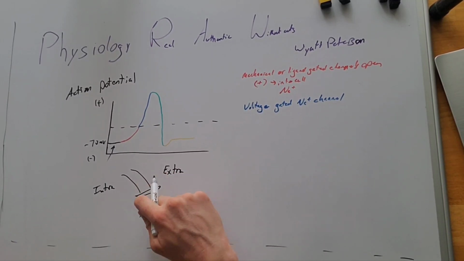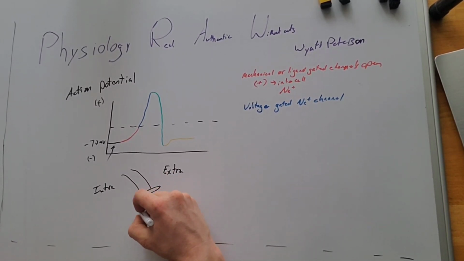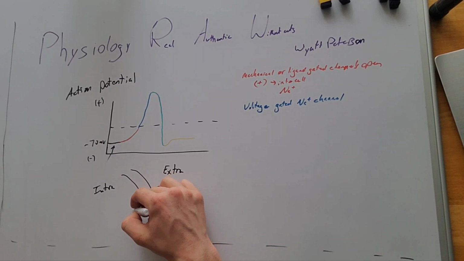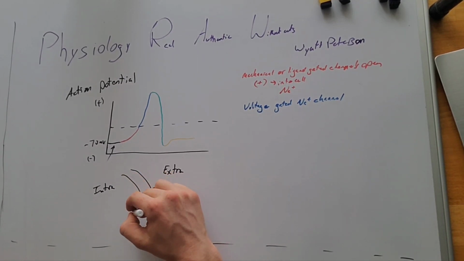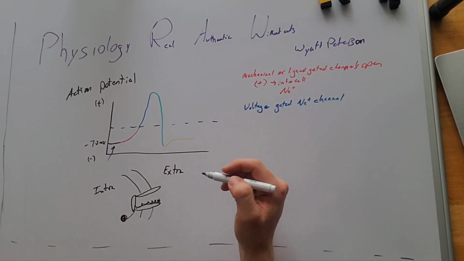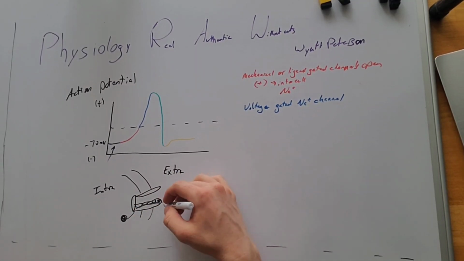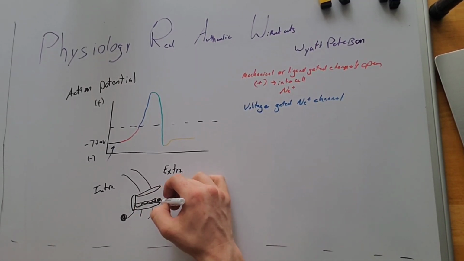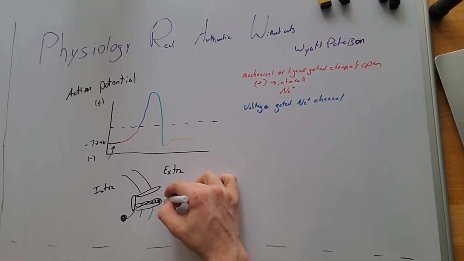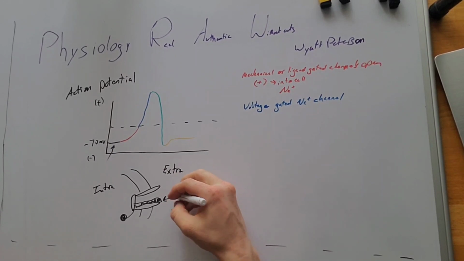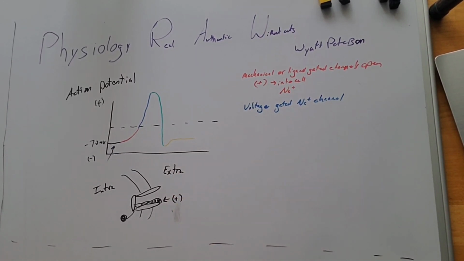So we got a protein like this, and then there's this little coil action going on, and then there's a door, and then like a ball and chain deal right here. So this is pushed down by positive charges on the outside of the cell.